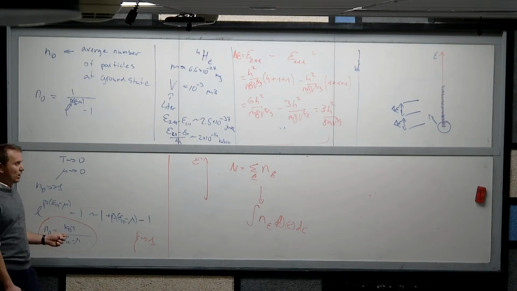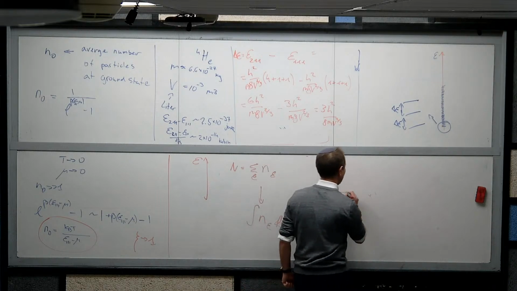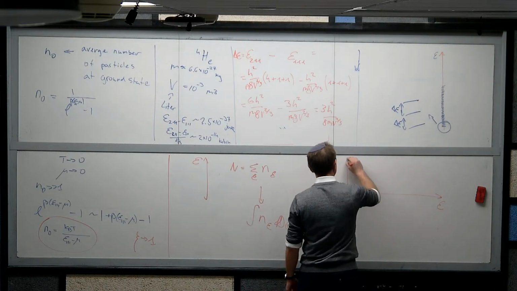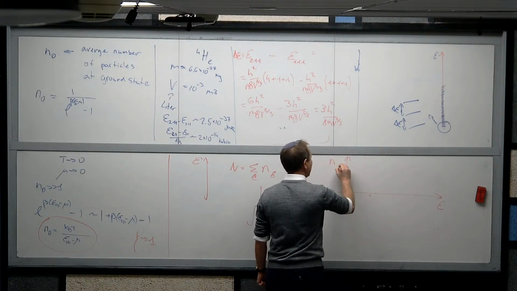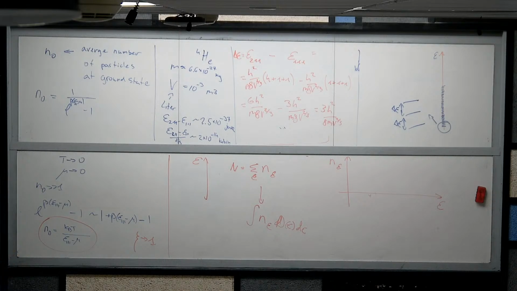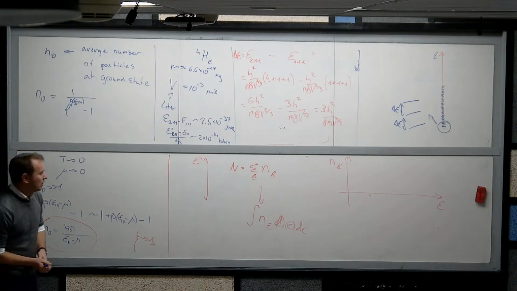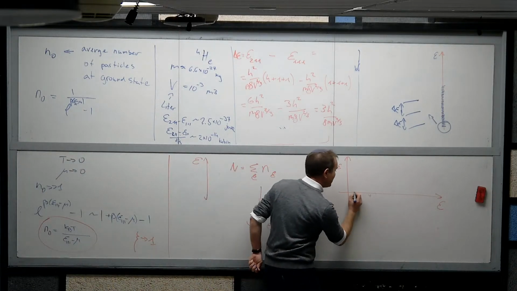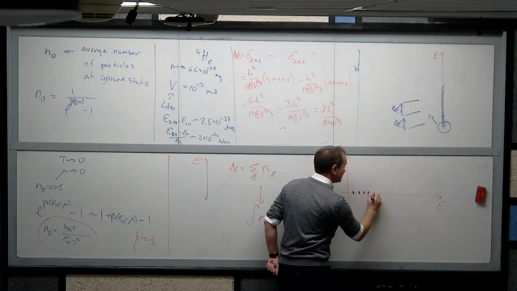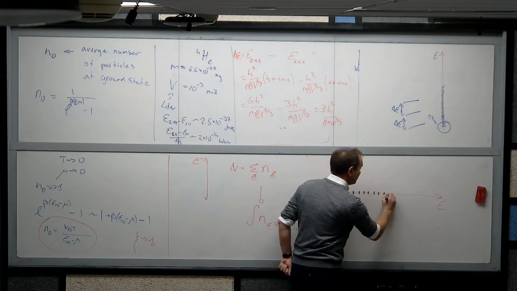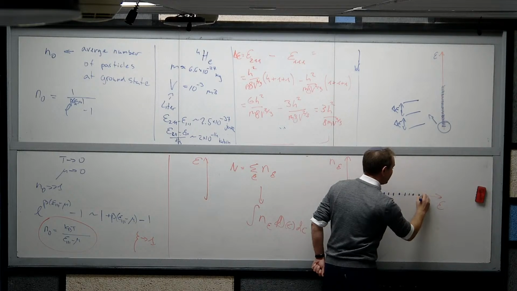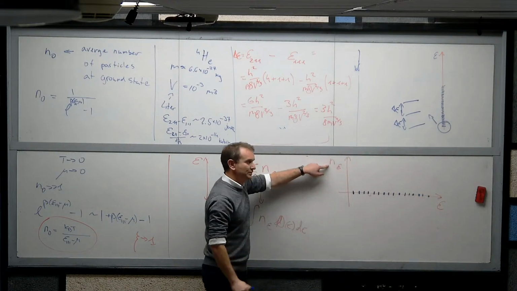So if you look at this as a function of epsilon, we know that the epsilon spectrum is discrete. So in reality, we have a discrete set of epsilons.